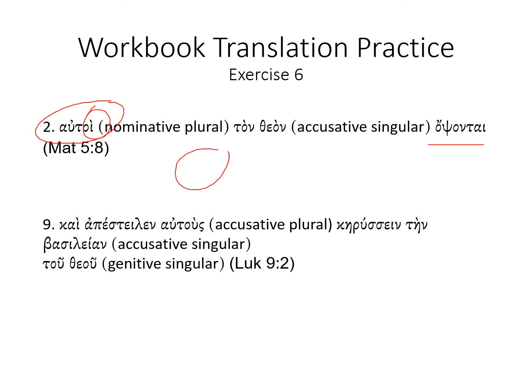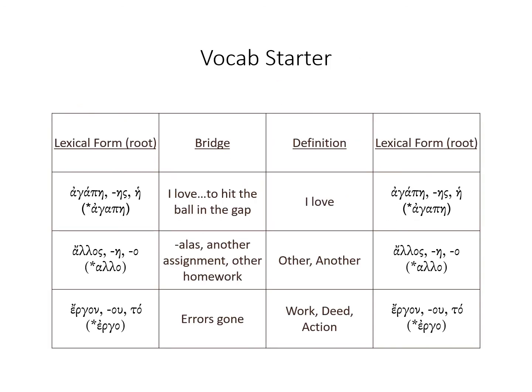So we have omicron followed by iota, and that is going to be nominative plural, and that's going to be the subject of this verb over here, opsontai, and then we have our accusative singular, God. They will see God.